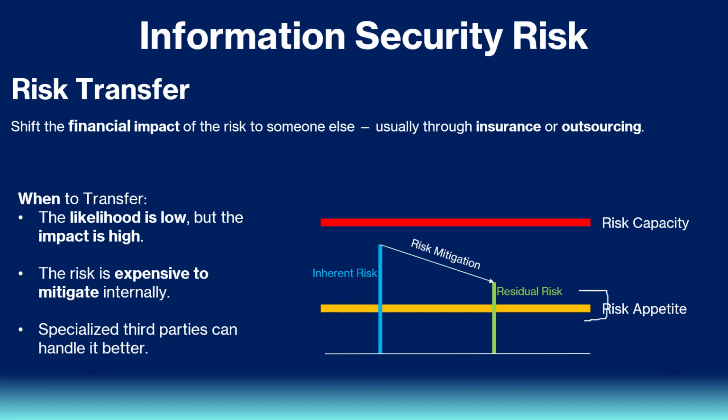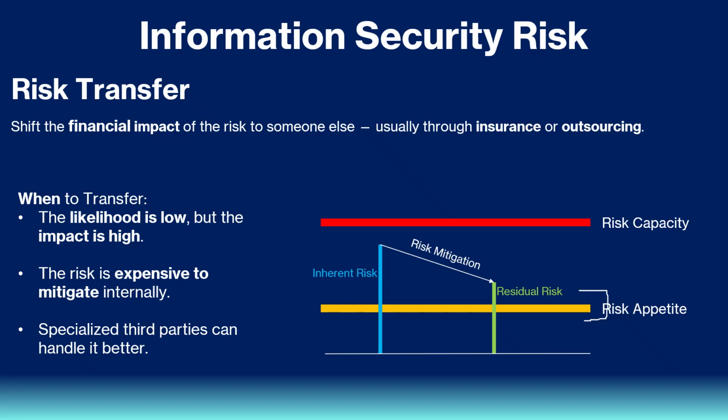If further mitigation is either too costly or not practically possible, then the best option is to transfer that risk to someone else. A classic example is buying cyber insurance or liability insurance. The company pays a premium, and in case of major loss, the insurance company covers the cost.